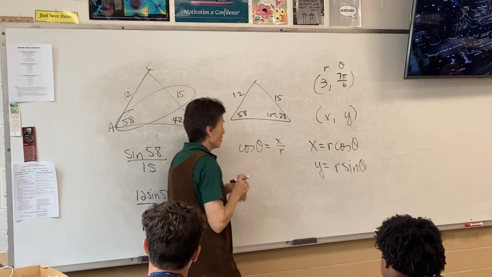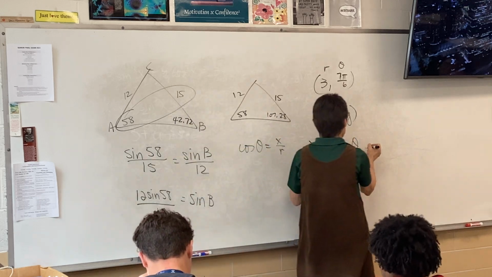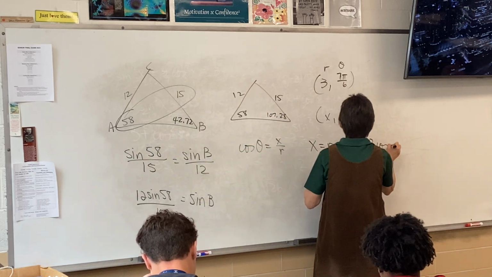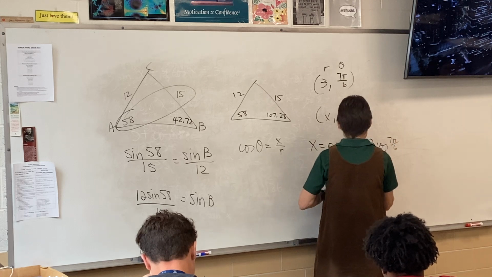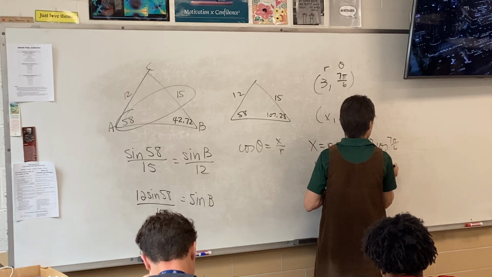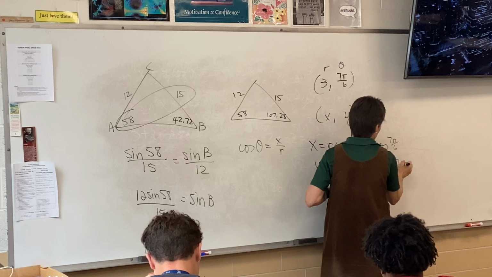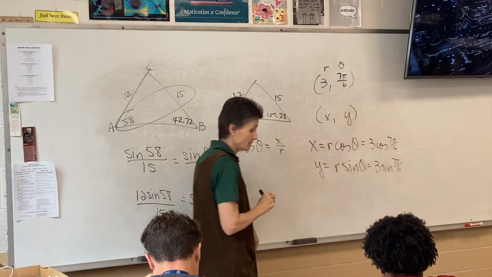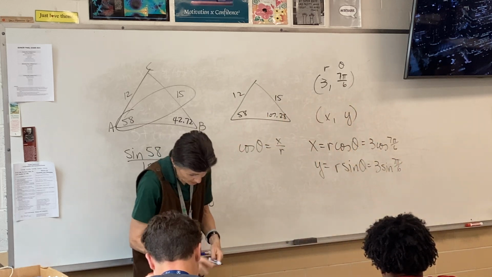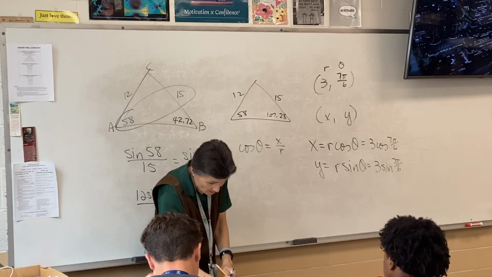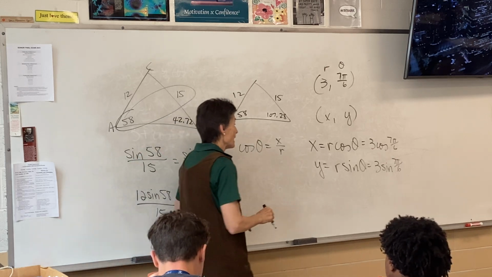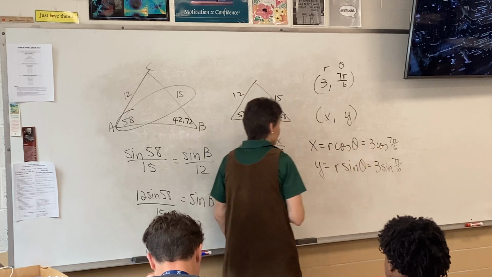So x is going to be 3 cosine 7 pi over 6, and y will be 3 sine 7 pi over 6. Now, if this is a calculator problem, which it is not, we would just type that in. But now I'm going to have to work this out exactly.